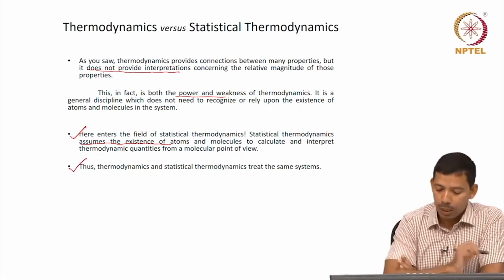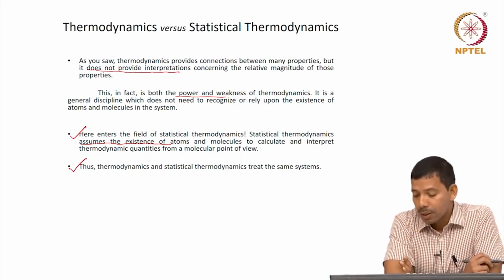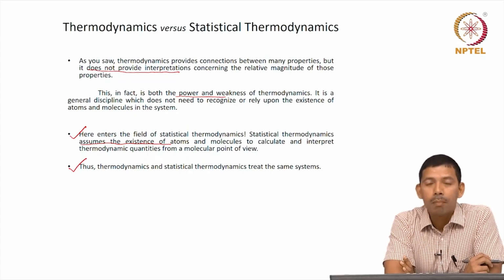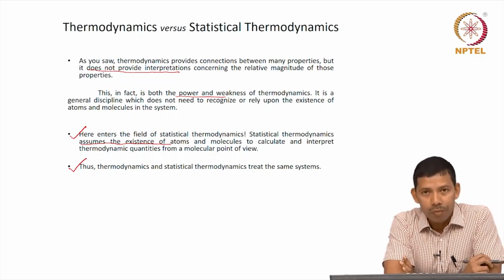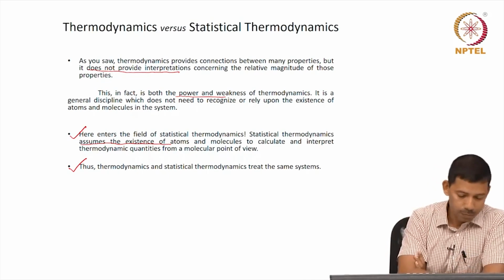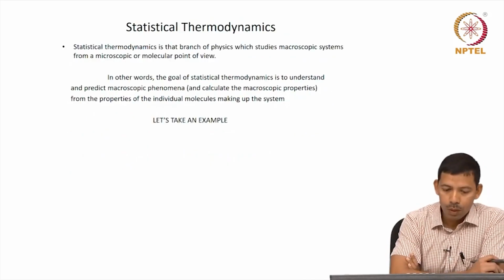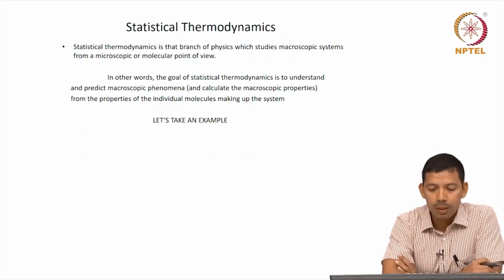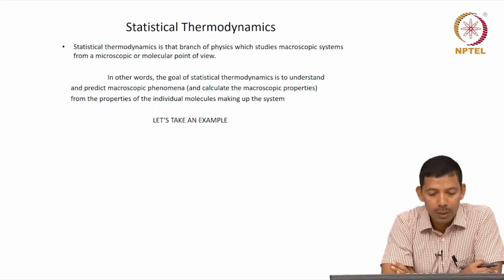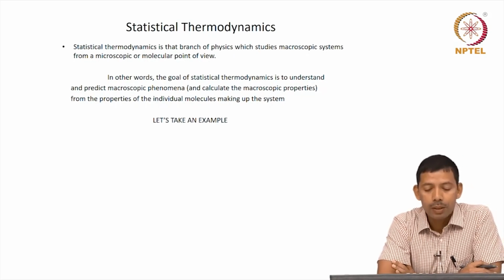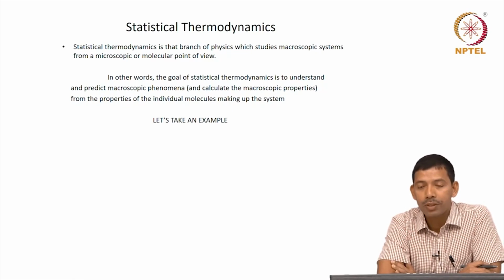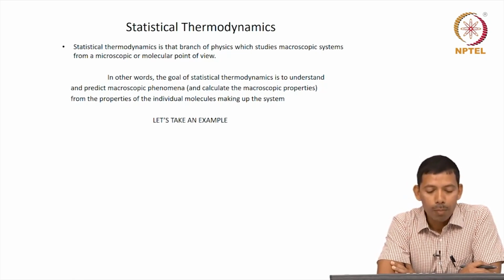Thus, thermodynamics and statistical thermodynamics treat the same systems, but their goal is different. In a nutshell, statistical thermodynamics is that branch of physics which studies the macroscopic system from a microscopic or molecular point of view.